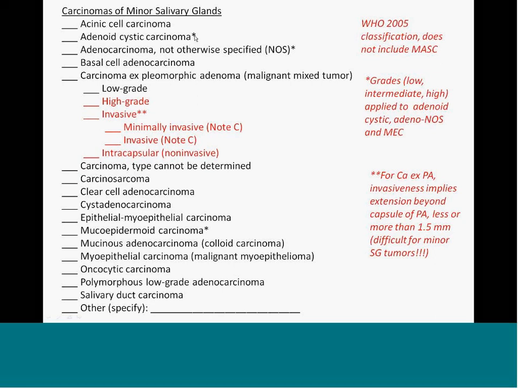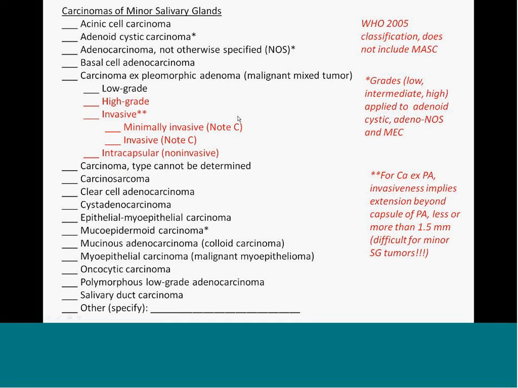They recommend grading for some types of salivary gland carcinomas, including adenoid cystic, adenocarcinoma NOS, and mucoepidermoid carcinoma, which are all graded as low, intermediate, and high grades.